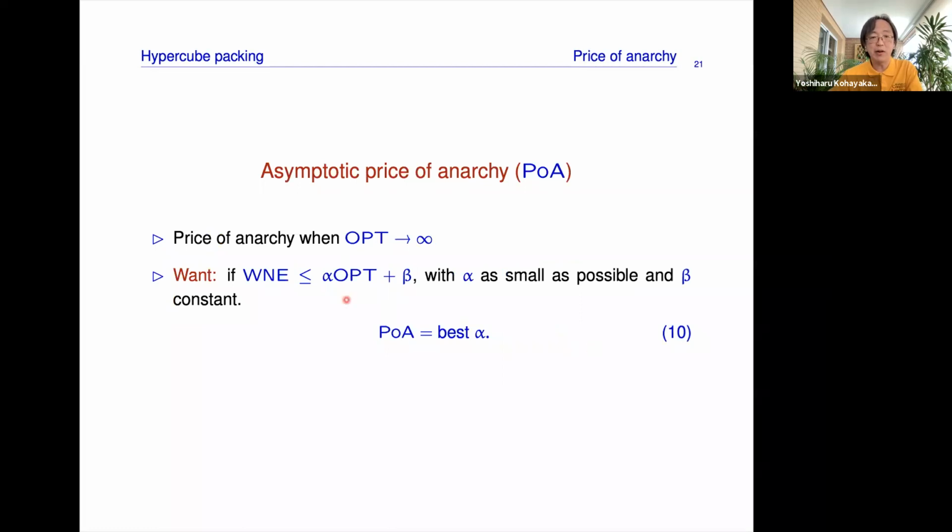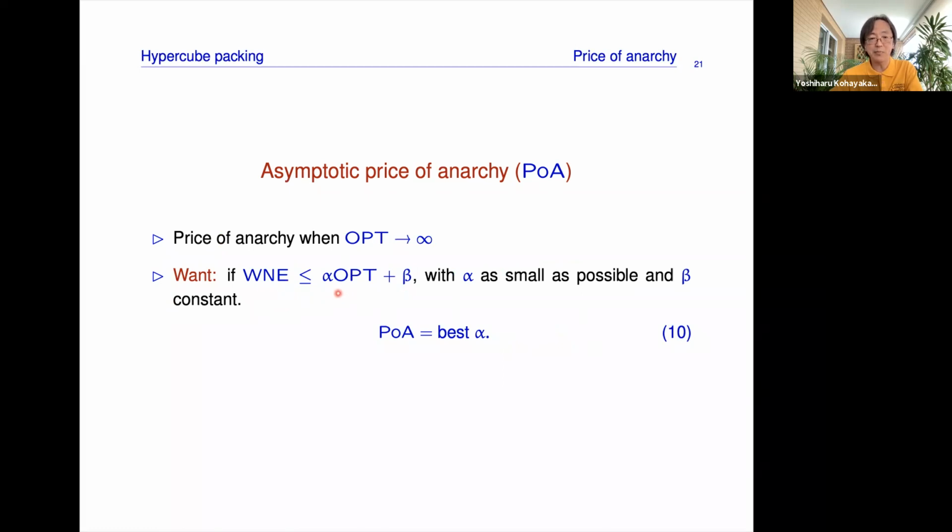Again, we can write this problem as the inequality in the second bullet point. You would like to say that this game is not so bad: the worst Nash equilibrium, the number of bins that you use, is at most alpha times optimum. Optimum, of course, is the social optimum, the number of bins you need if they work together.